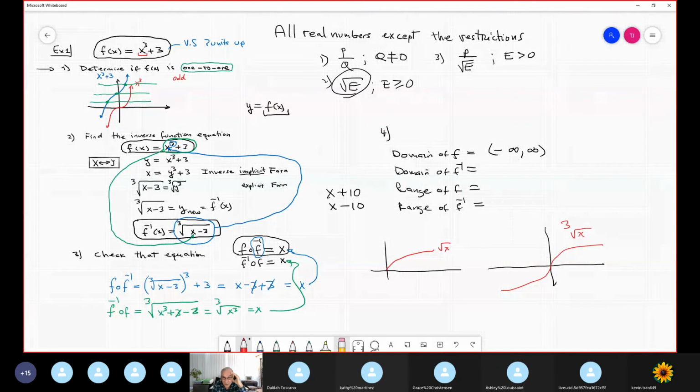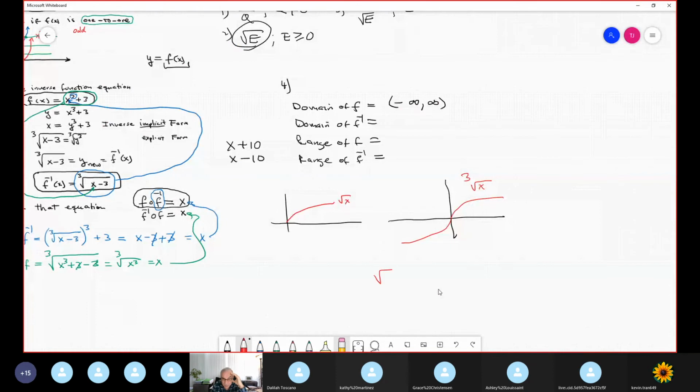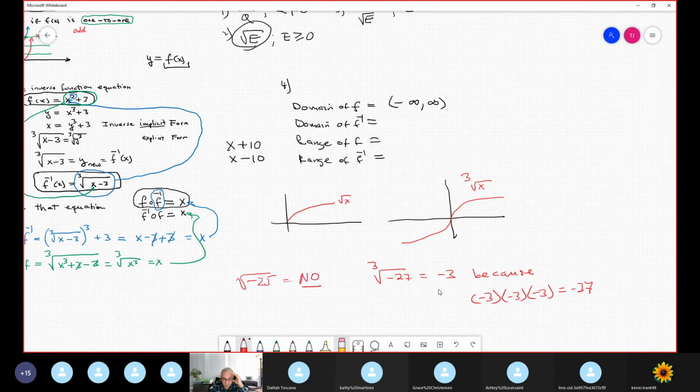Because, for example, cubic root of negative 27 is negative 3 times negative 3 times negative 3, and negative 27. Square root of negative 25, no, it's not real. That is the reason that we have no parabola in that part. Conclusion, the domain of this is also all real numbers.